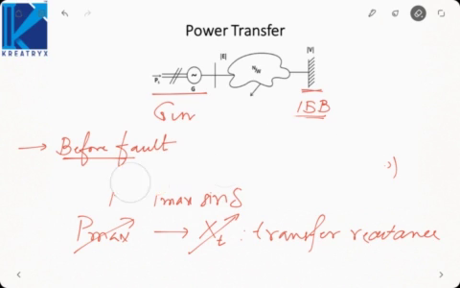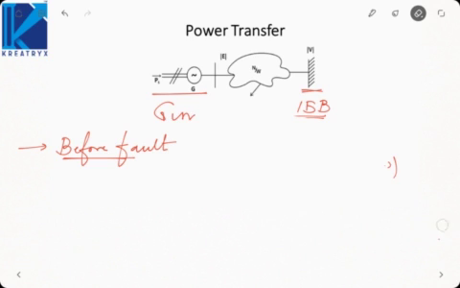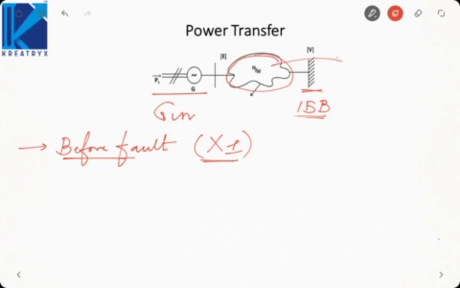So now before the fault, transfer reactance will be assumed to be X1. Okay, here this is a power system network which may consist of resistances, inductances, something like that. And since we are neglecting resistances, it will mostly consist of inductances. There may be two parallel lines, there may be three parallel lines, there may be bundled conductor. Any sort of power system network is possible.